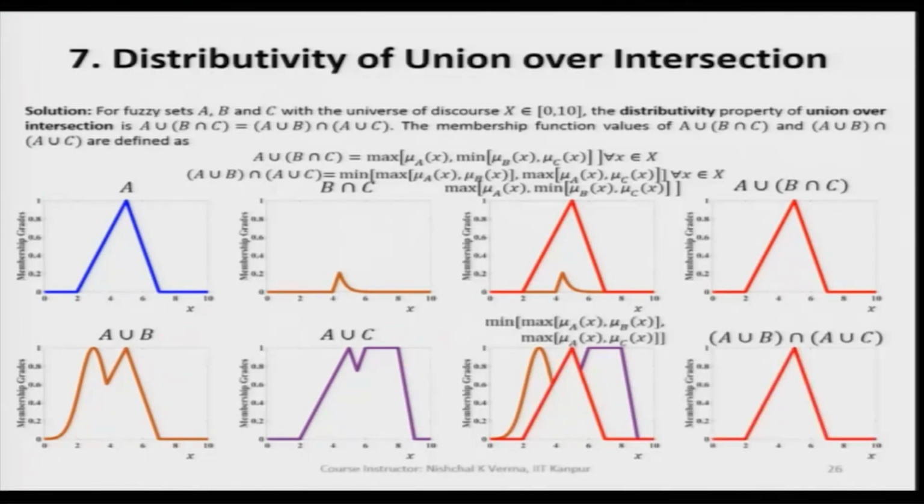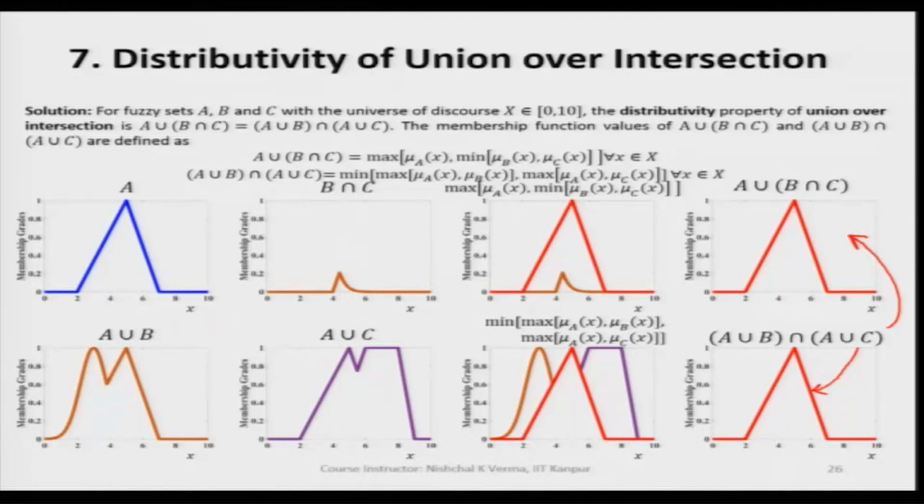So, when we apply the min criteria, the min of these two fuzzy sets, this is what is the outcome. When we see this outcome, it is the same as we have got here. So, these two fuzzy sets are equal.